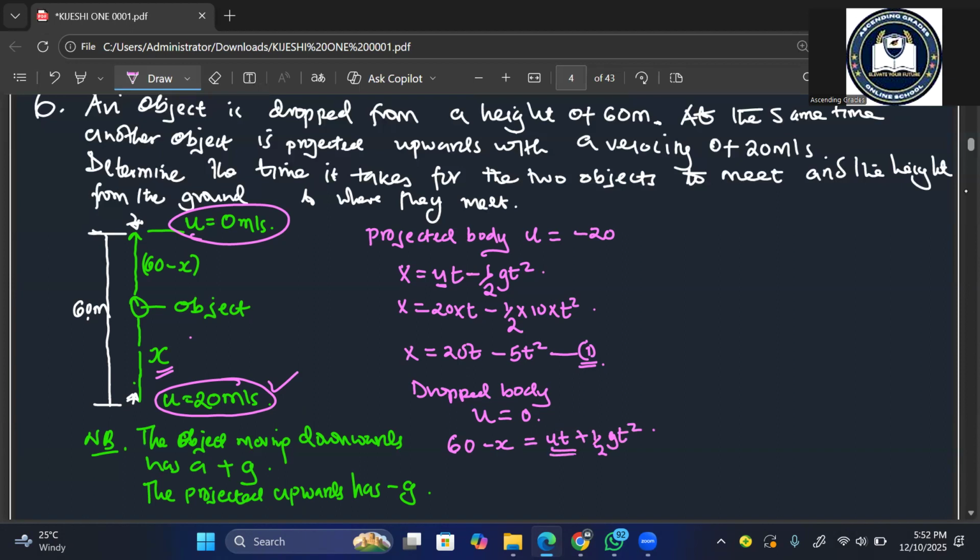So substituting these values, we shall have 60 minus x is equal to 0 plus half times 10 times t squared. So 60 minus x will be 5t squared. Then this one becomes our equation 2.